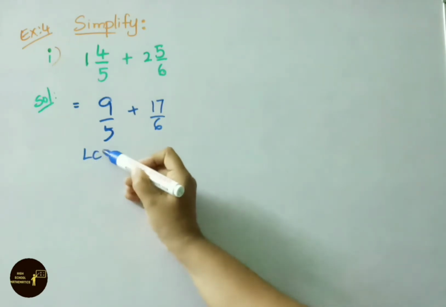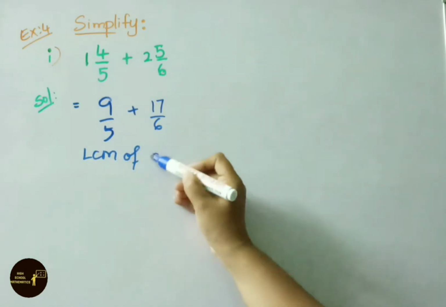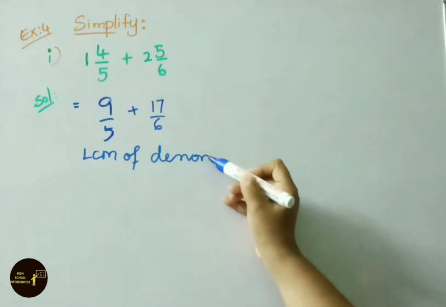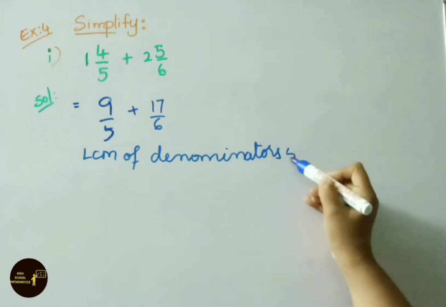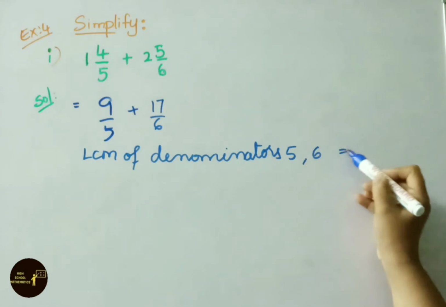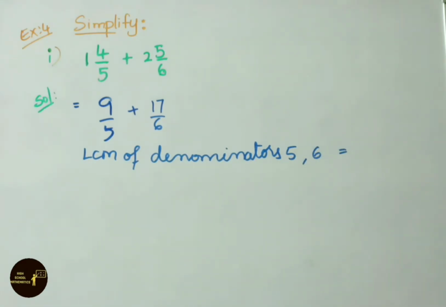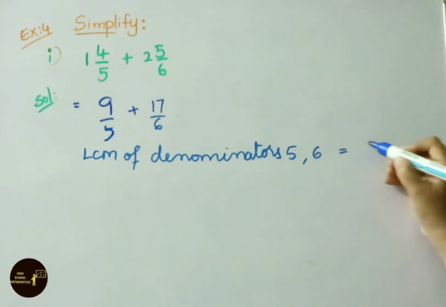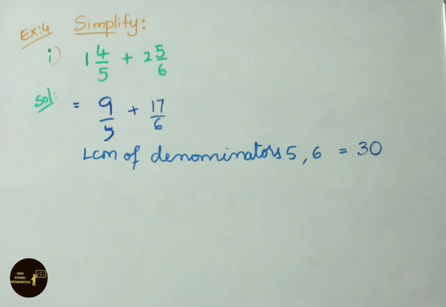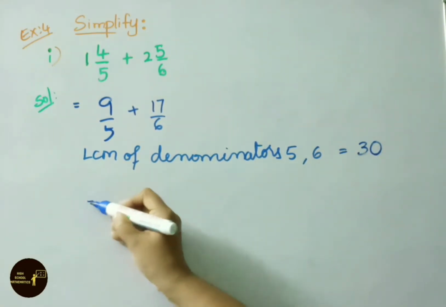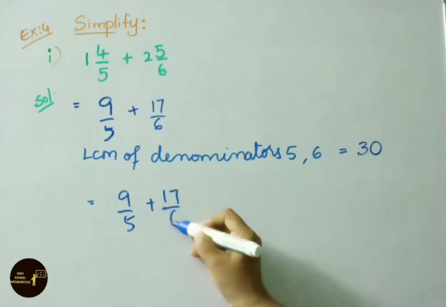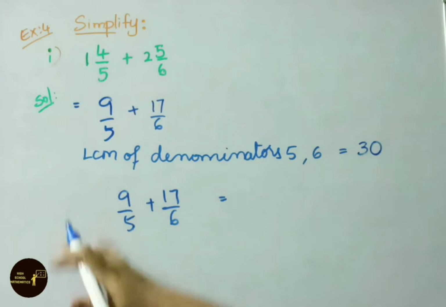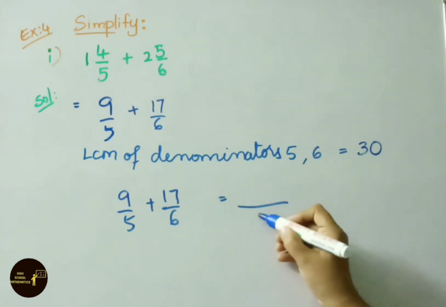Now we have to find LCM of denominators 5, 6. 5 and 6 do not have any common multiples. Let us multiply them. 5 6s are 30. So write down 9 by 5 plus 17 by 6, that equals to LCM is 30.